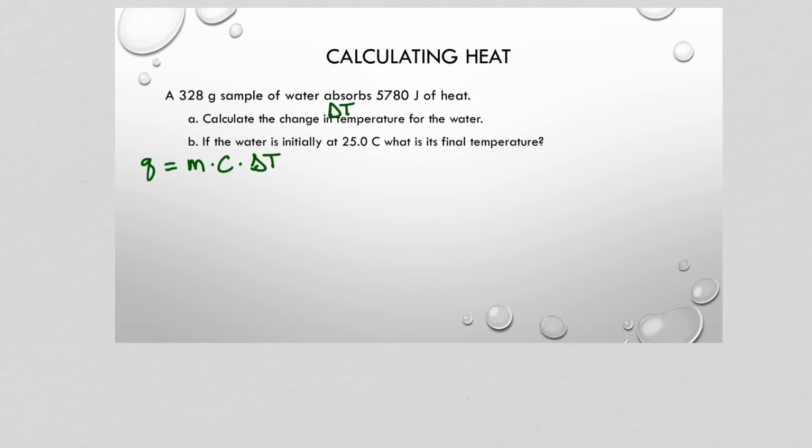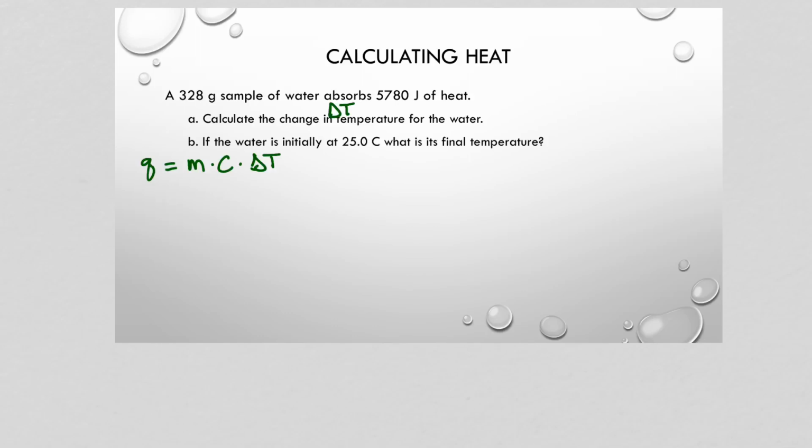We have Q, we have M, and C. So if I want to solve for delta T, you could divide both sides by M. Let's show this.